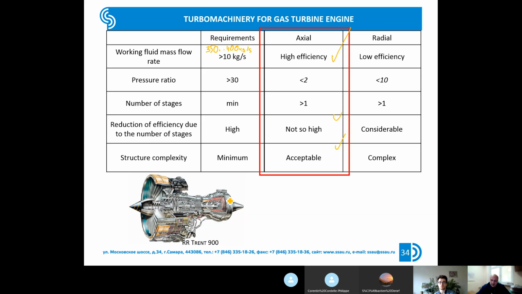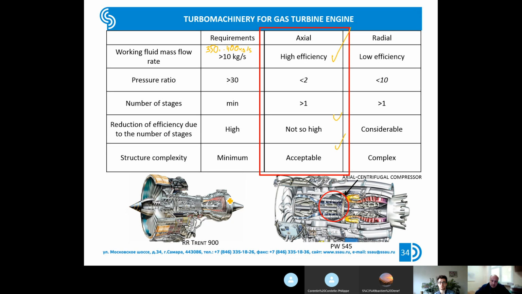But sometimes, for example, if you design an engine for a small aircraft and you do not need high thrust, high power, the mass flow rate through the engine will be reduced, and finally the blade height at the outlet from the high pressure compressor will be low. That's why in such a case, in the last part of the high pressure compressor, a final centrifugal stage is used, and finally we receive an axial-centrifugal compressor.